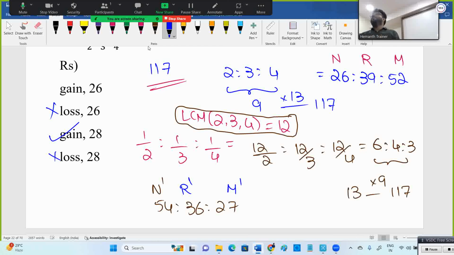Mohan should get 52, but due to this, Mohan is getting 27, so regarding Mohan it is a loss. But Nathan is getting profit. Nathan's original share is 26, due to the mistake 54. The gap is 28. That is gain, not loss. They gave 28 in two options, but it's a gain.